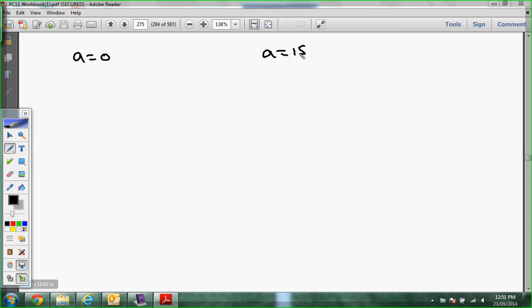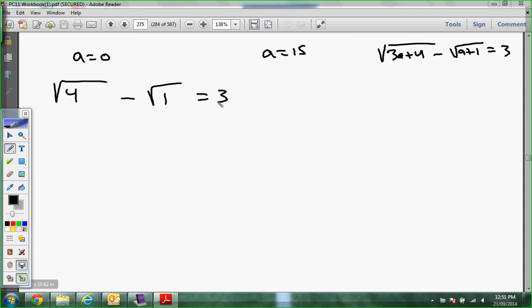The beginning equation, I'll write over here just so we remember, was square root of 3a plus 4 minus square root of a plus 1 equals 3. So we're just going to plug in 0 to start. 3 times 0 is 0, plus 4 is 4, minus square root of 0 plus 1, which is just square root of 1, equals 3.